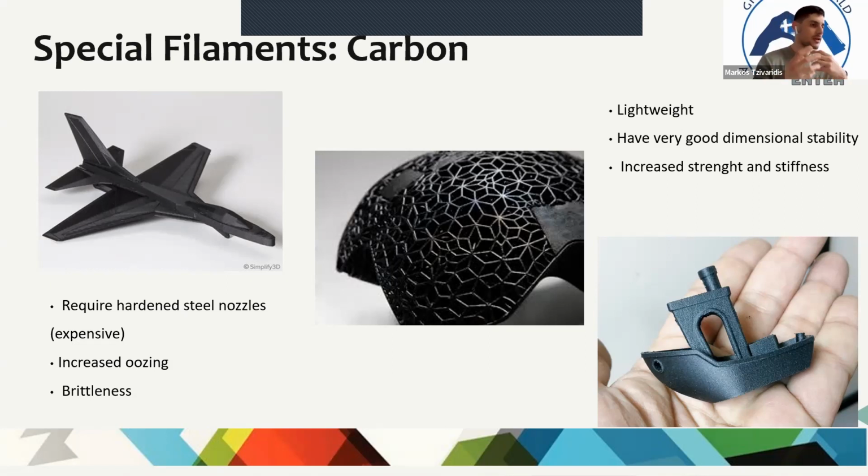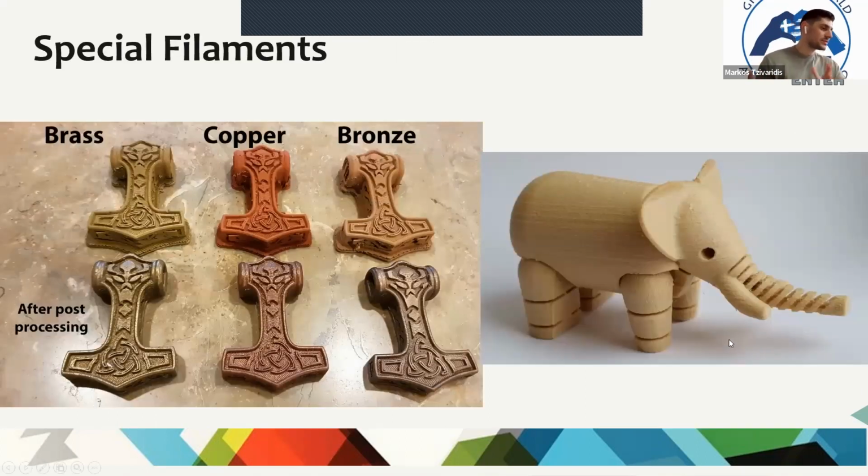So it's, let's say, a combo of that. Another combo of materials are the metal filaments, which most of them contain 80% more or less of real metal, so a lot of metal, which helps us achieve this genuine look, as you can see on the bottom on those 3 parts.